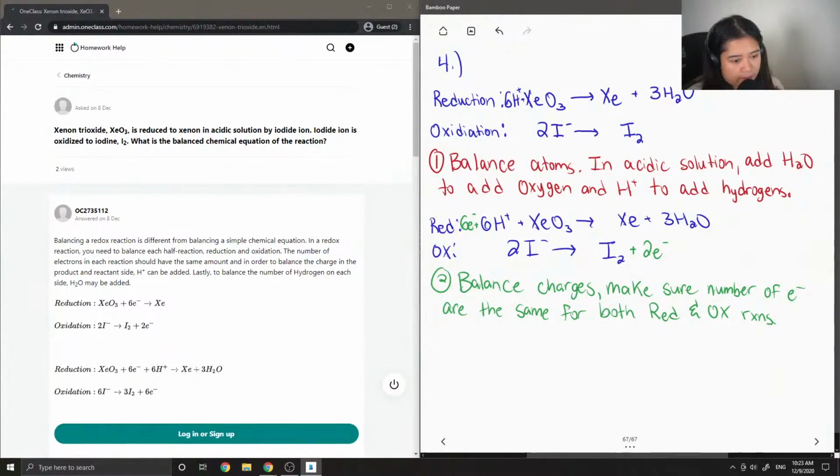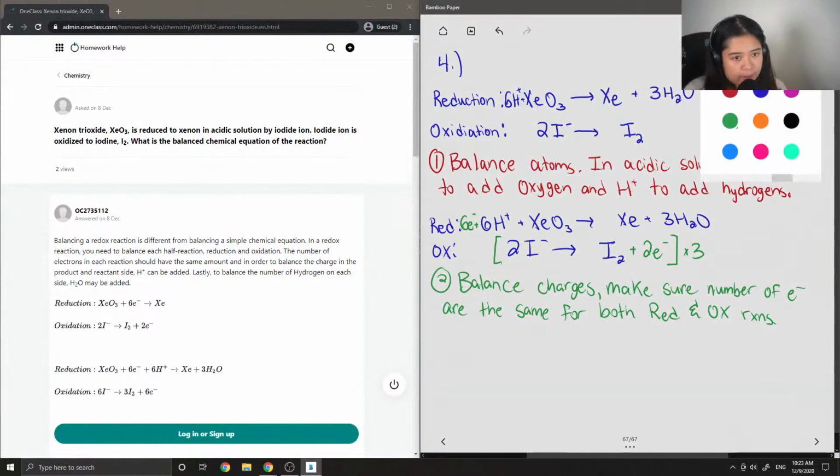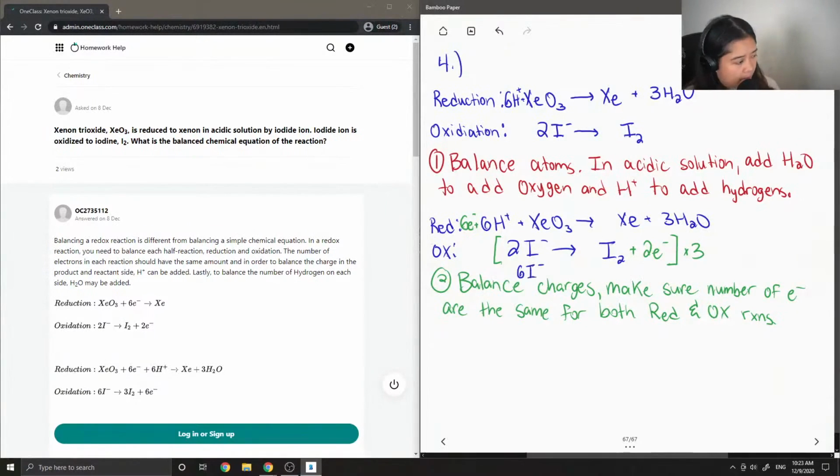Okay, so like I mentioned earlier, we want to make sure the number of electrons are the same for both the reduction and oxidation reactions. So since there are only 2 electrons for our oxidation reaction, I need to multiply this whole thing by 3 in order to get the same number of electrons that I do have in my reduction side. So multiplying it by 3, we end up getting 6 iodide ions plus 6.